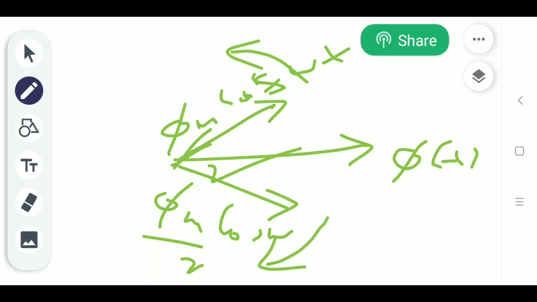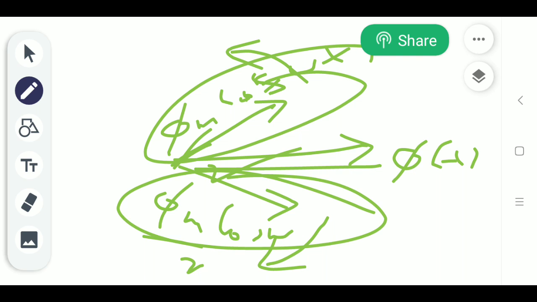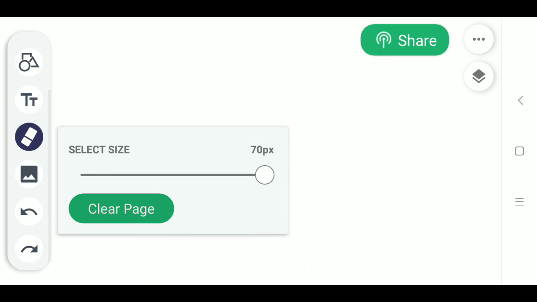So this is the situation: this flux is divided into two. We now have to explain how that happens. I'll give a little explanation on that.